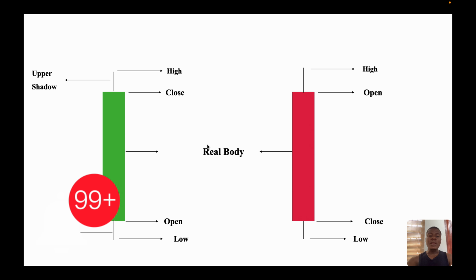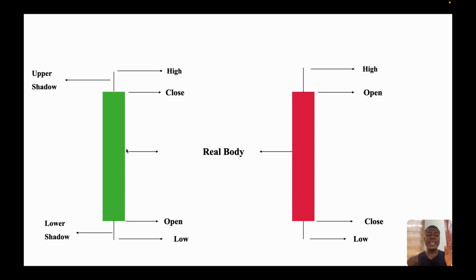Now, like any other thing, when we say anatomy, it simply means the parts of something. So anatomy of candlesticks means the parts of a candlestick. We want to look at the various parts of the candlestick, which is one of the basic requirements to be able to read and understand what is going on within a specific time frame.